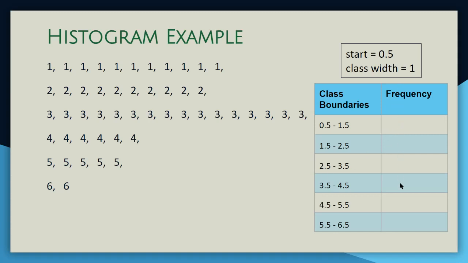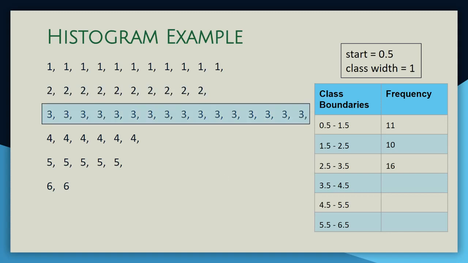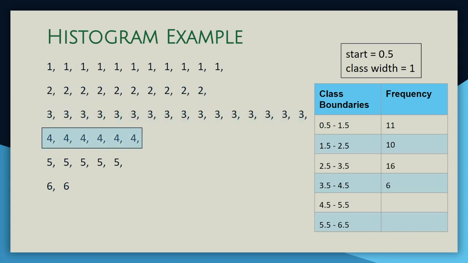And then filling in the frequency column is just a matter of counting data points. So we count the number of 1s, and I counted 11. You should double check me. Count the number of 2s, and I get 10. For 3s, I got 16. For 4s, I got 6. For 5s, I got 5. And for 6s, we can see we have 2.